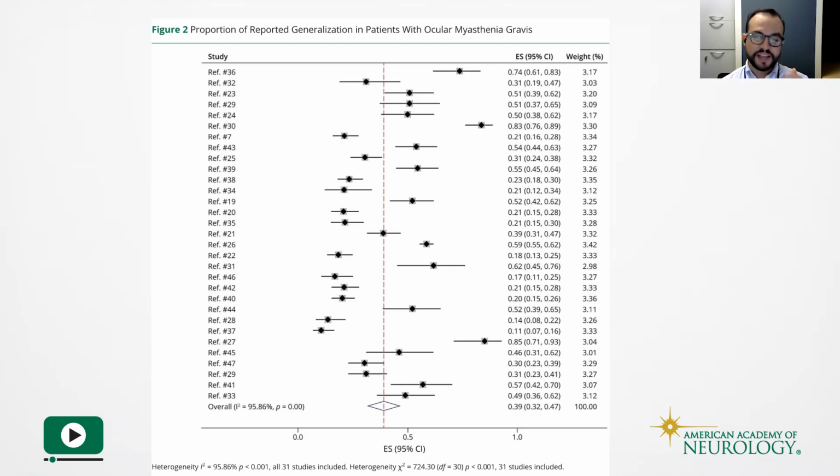So certainly the inclusion of these studies doesn't include the folks that are much younger than age 40, or pediatric patients with myasthenia. This paper wasn't really looking at whether they had any different outcomes and who generalized or when they generalized.